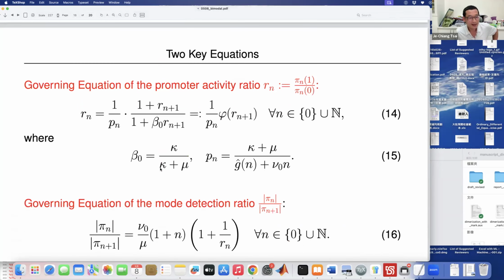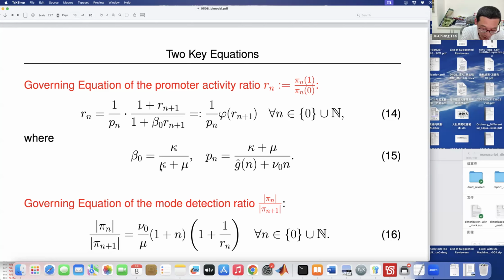Because my time is up, I will briefly discuss the idea of our method. The number of equations in the chemical master equation is infinite, so it's very difficult to solve directly.